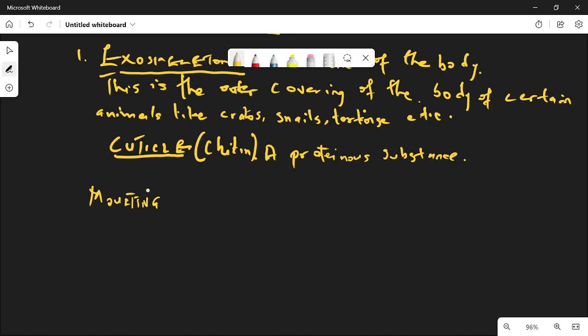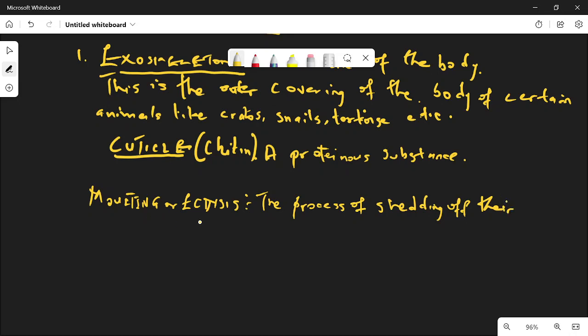Molting, or you can also call it ecdysis. Molting or ecdysis is the process of shedding their skeleton.